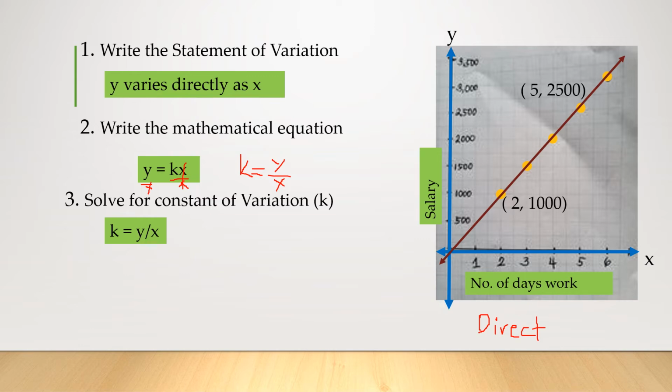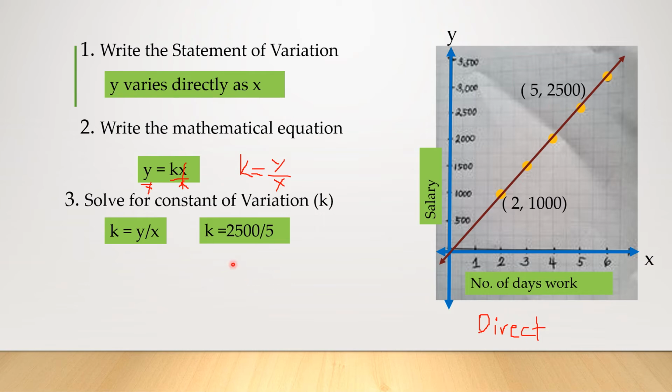Now, what is y? In order for you to solve for k, you can simply choose any coordinates of a point here. If you're going to use this, x is 2, then y is 1,000. If you're going to use this, x is 5 and y is 2,500. So let's use this one.